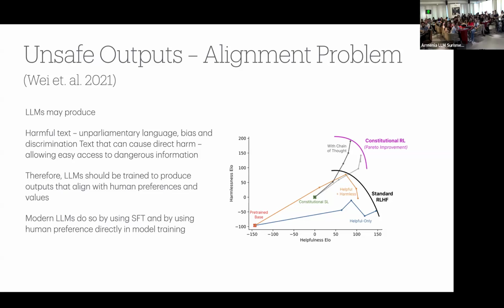The main concept to pull from here is that there are two axes you can place every language model on: a helpfulness axis and a harmfulness axis. And there does seem to be a very direct Pareto frontier here. If you want the most helpful model, you will likely have a very harmful model, and vice versa.